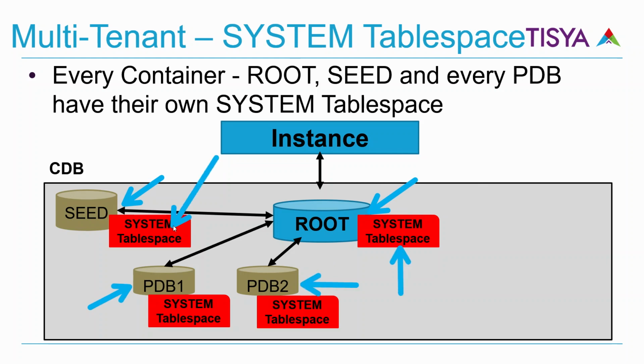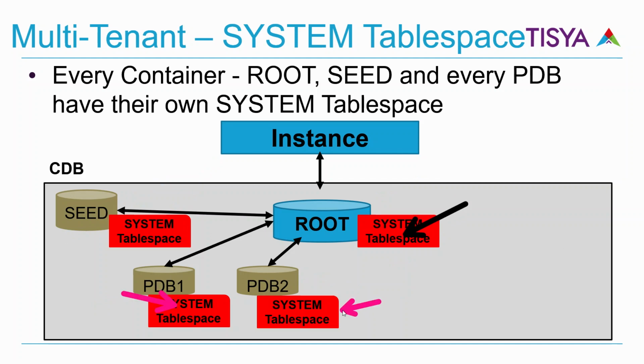Each one of them gets its own system tablespace. The specialty is that the Oracle supplied code base sits only inside the system tablespace, whereas any user created or application created objects will be kept in the respective system tablespace of the PDB in which they are created.